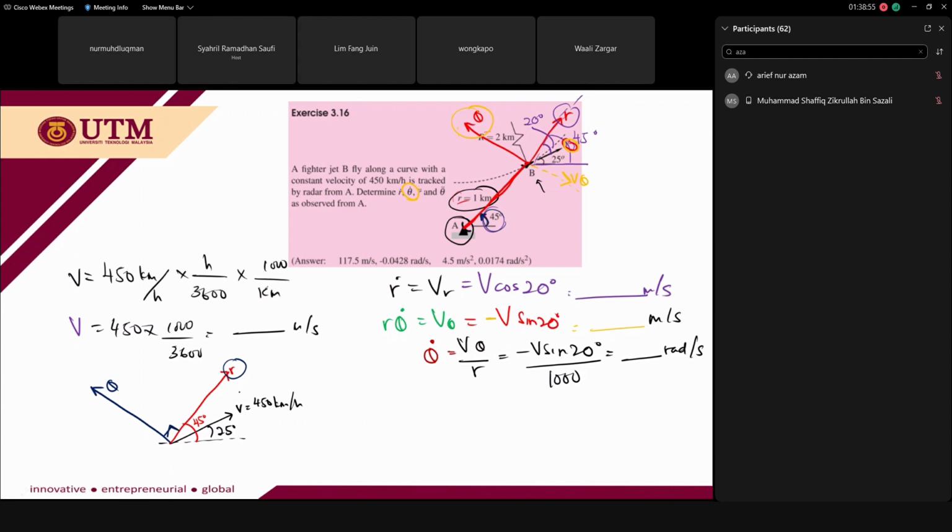Now in order to resolve this V to R, you find the angle between V and R, which is 45 minus 25, you get 20 degree.